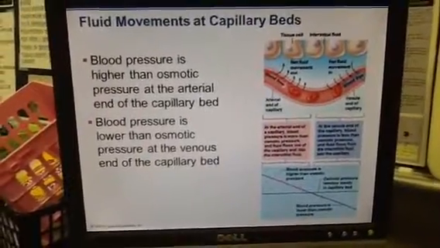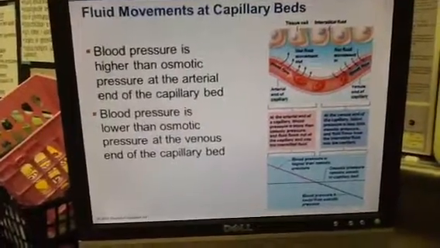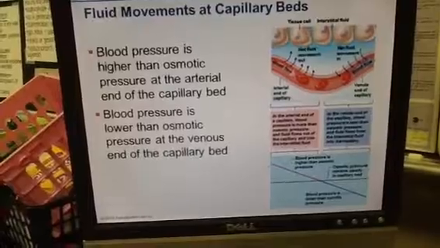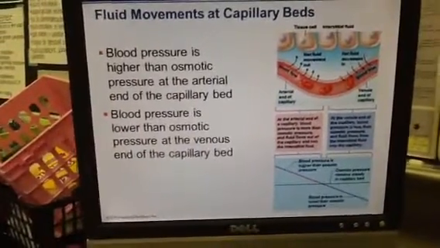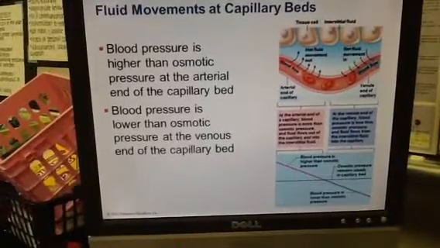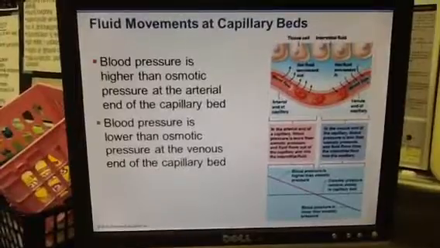Alright, so here we still are talking about the movement here, how our blood pressure is higher than the osmotic pressure at the arterial end. So this is where blood is moving away from the heart on that capillary bed. And then blood pressure is going to be lower at the venous end. Think veins.